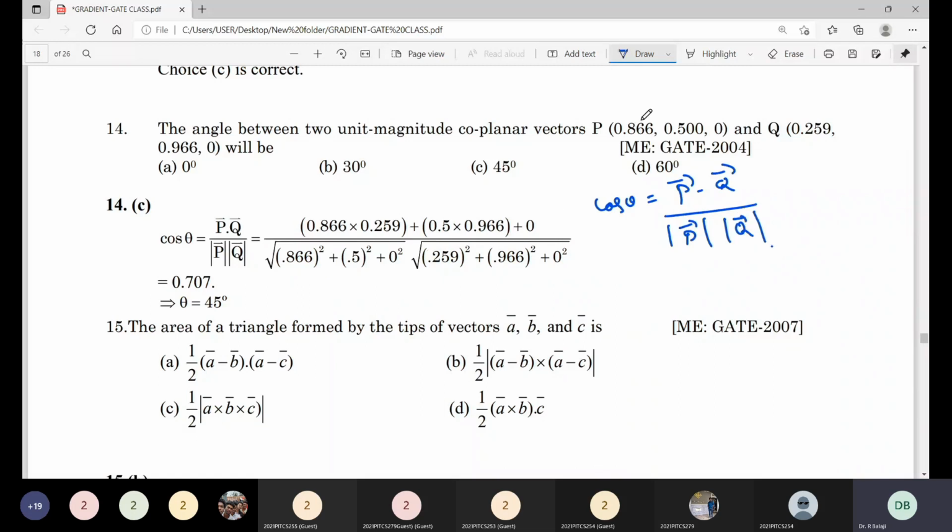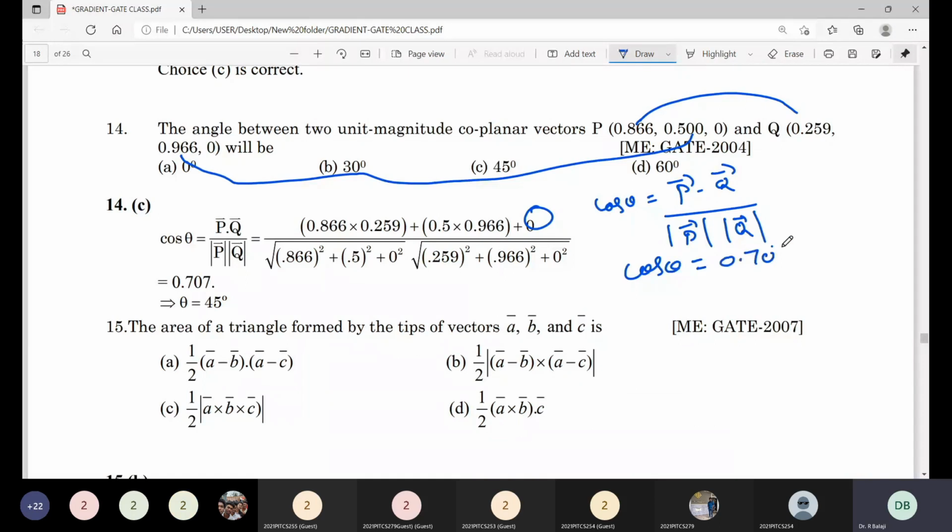Then we do the dot product of i with i, j with j, k with k, and i with j is 0. Now we are doing the dot product, and we get cos theta as 0.707. Therefore, theta is equal to 45 degrees.